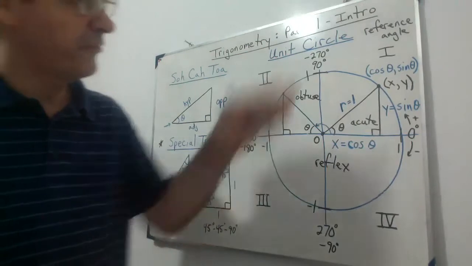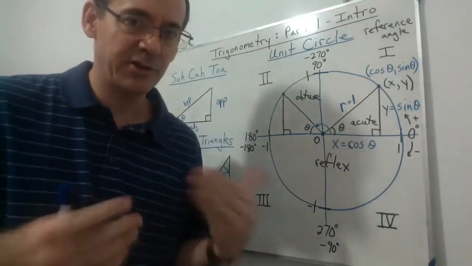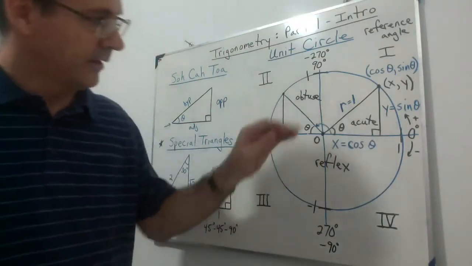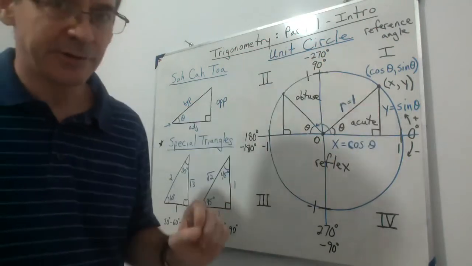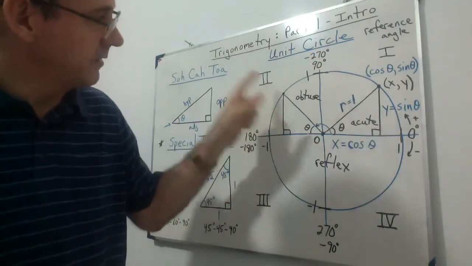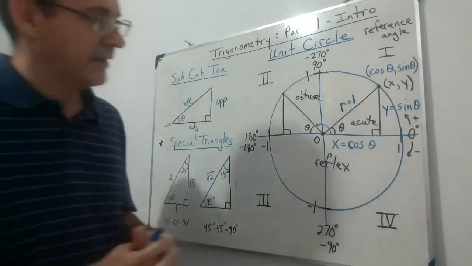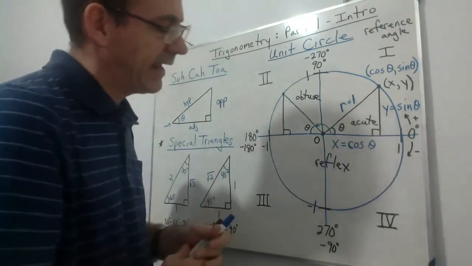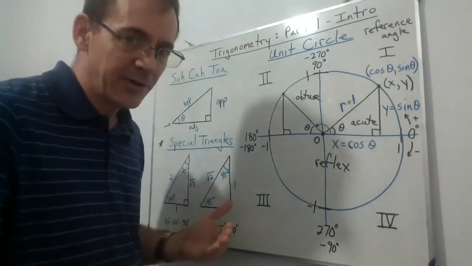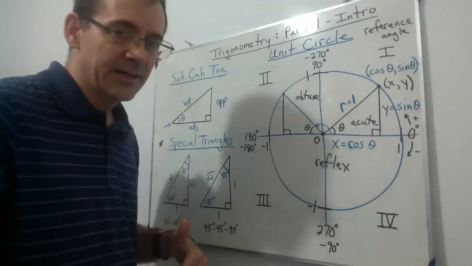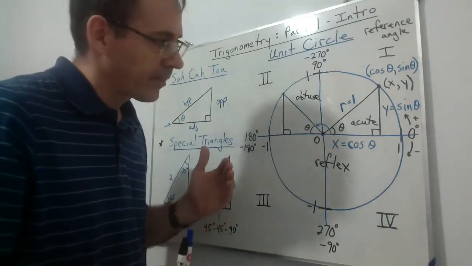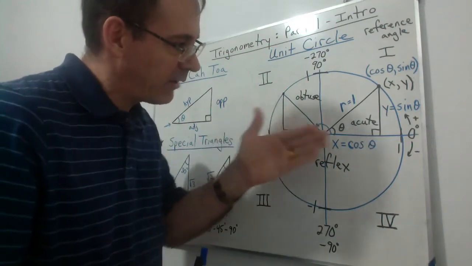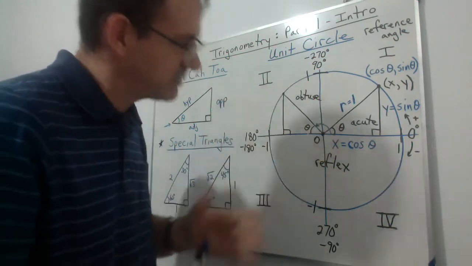Okay, so we have 4 vocabulary words that you need to be familiar with. Acute, first quadrant. Obtuse, second quadrant. Now, the reflex angle is the angle outside, like the outside angle.